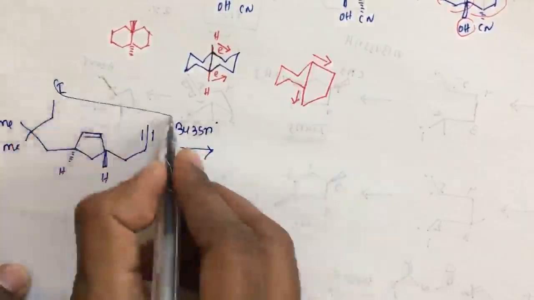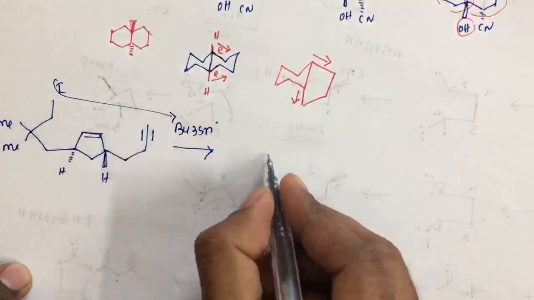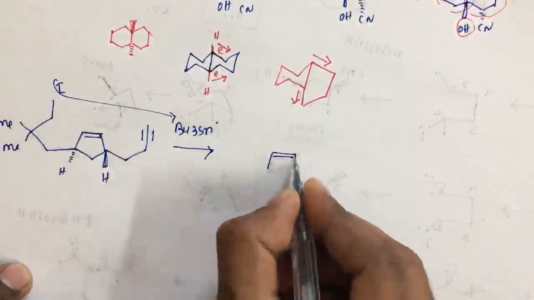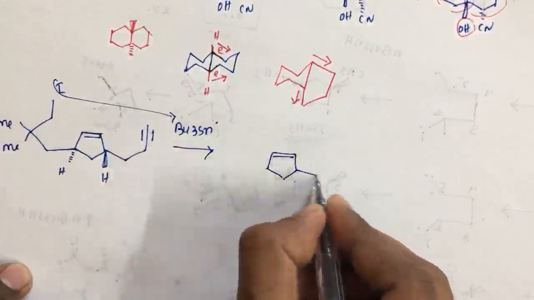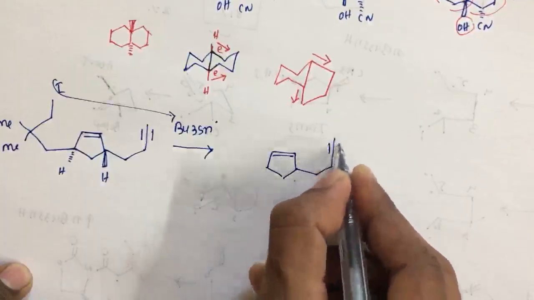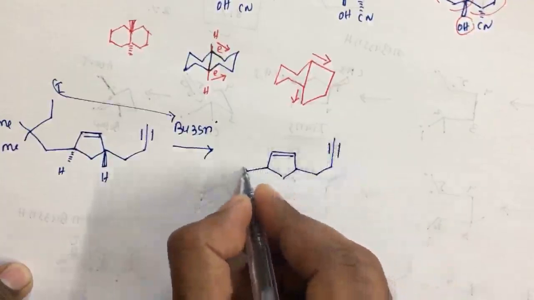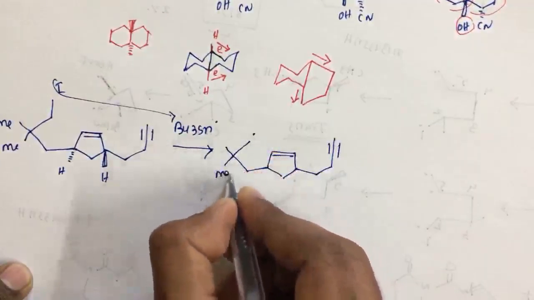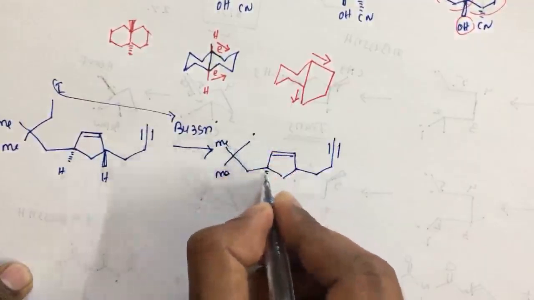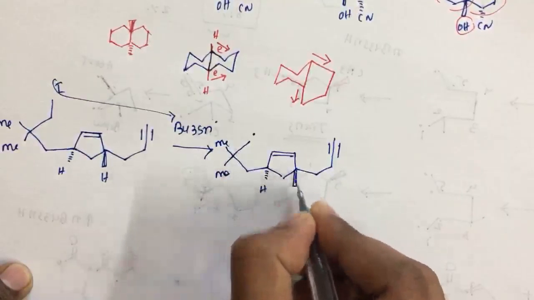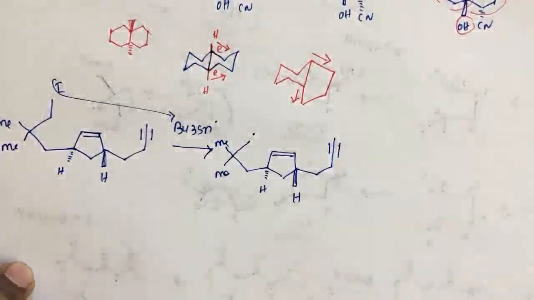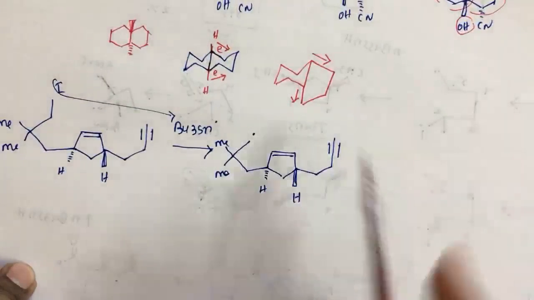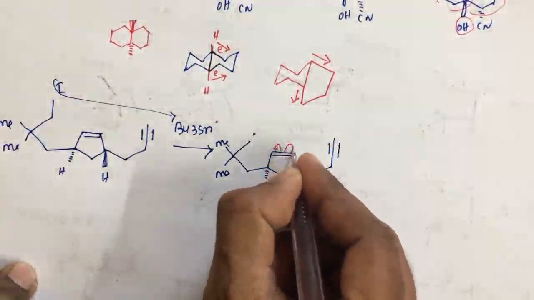This will take this hydrogen, nitrogen. So now this bond goes for homolytic cleavage.